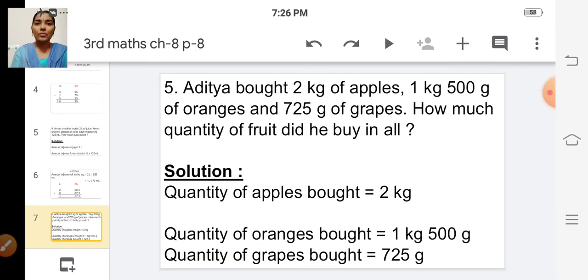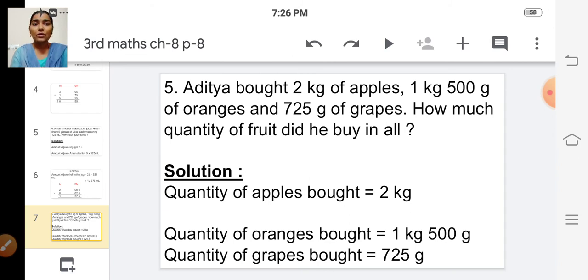So the next problem, the fifth one. Aditya bought 2 kg of apples, 1 kg 500 gram of oranges and 725 gram of grapes. So these are all given data.